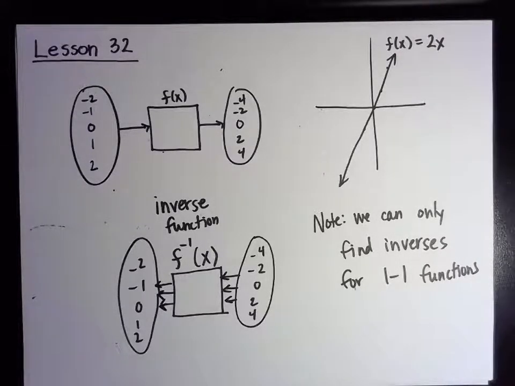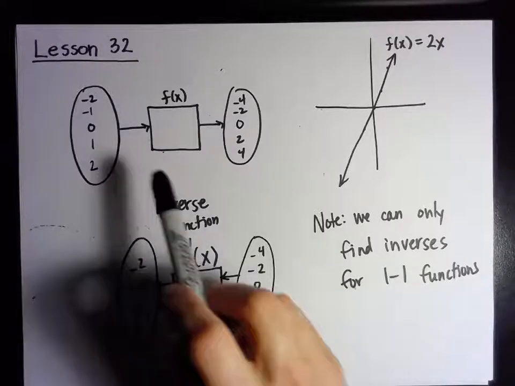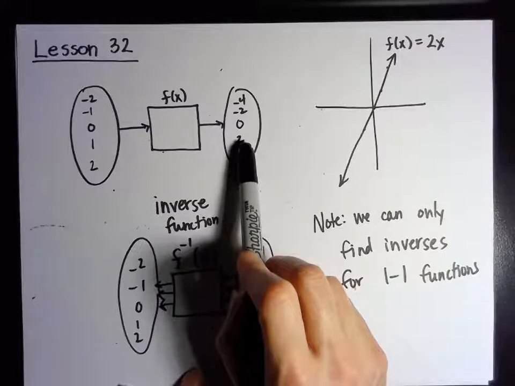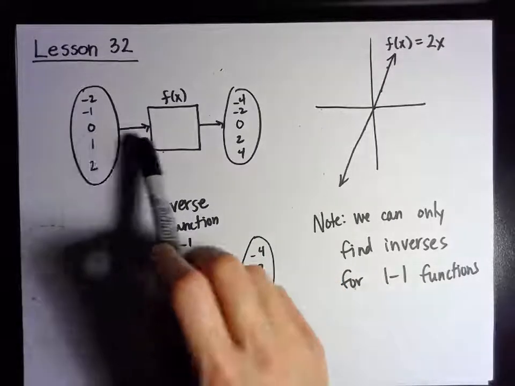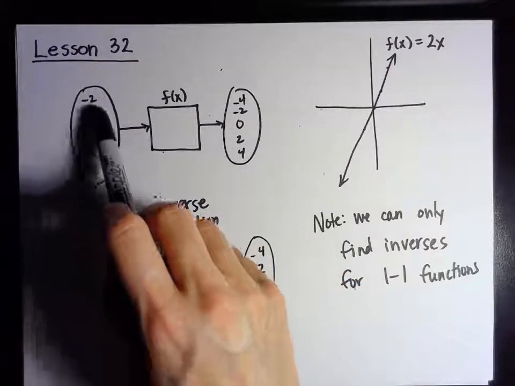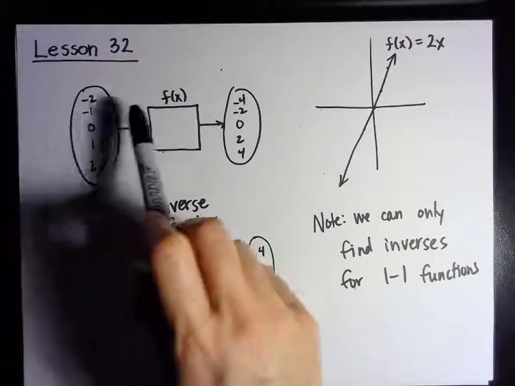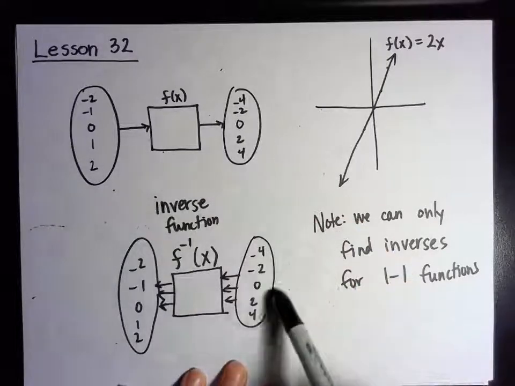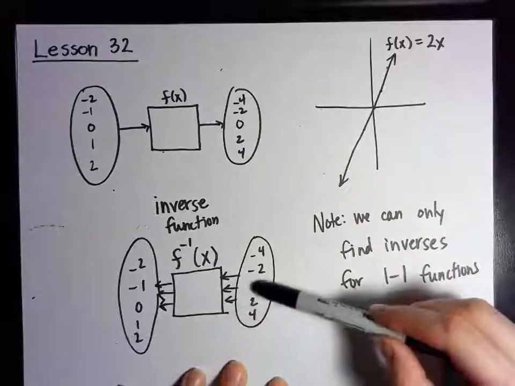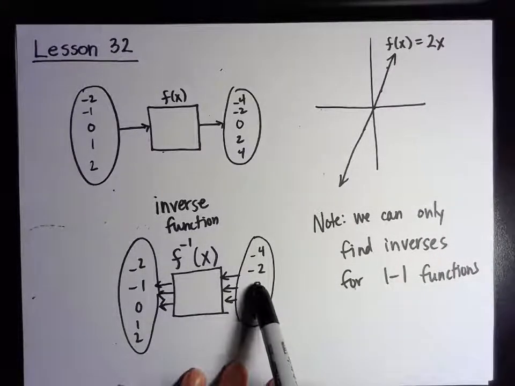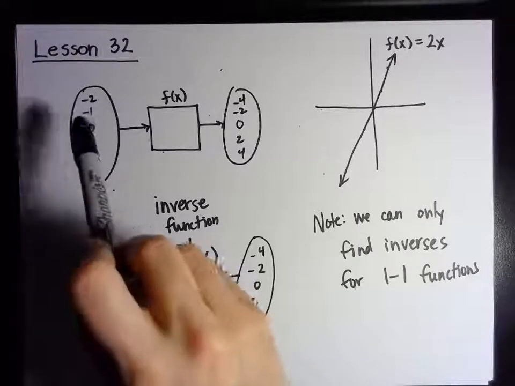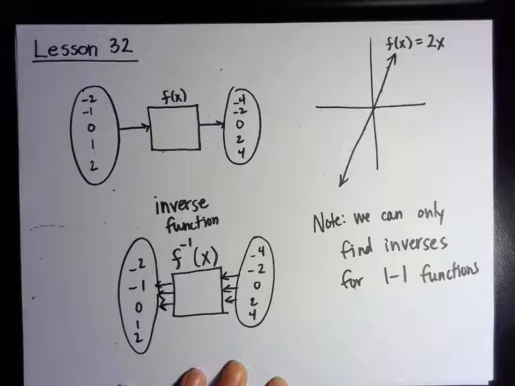It has to be a 1-to-1 function, because if I have multiple values over here that go to the same value, when I put them in here, how do I know which one to get out? Okay, for every value that I put in, I have to get exactly one value out. And the only way for that to happen is for each value that I put in, exactly one value has to come out.